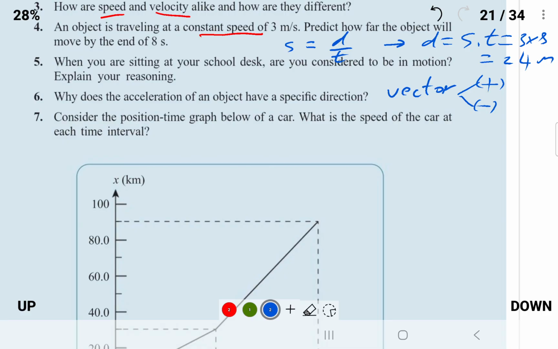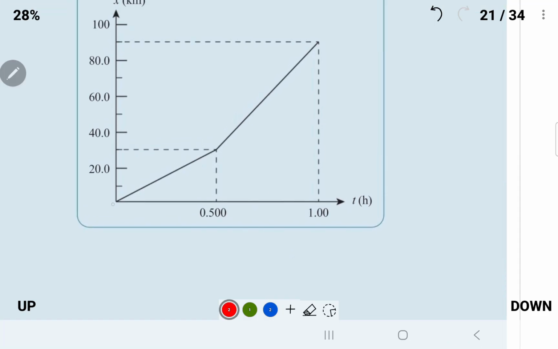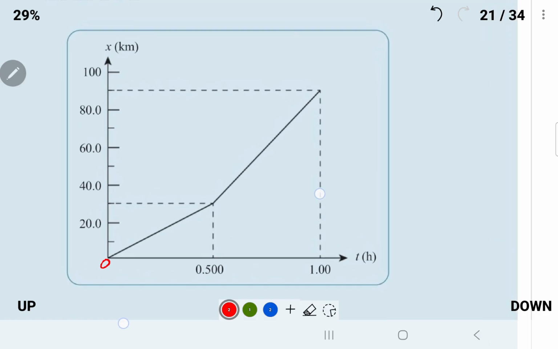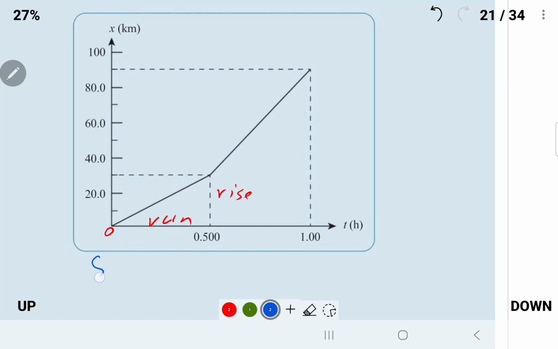Consider the position-time graph below of a car. What's the speed of the car at each time interval? So in the first time interval from 0 to 0.5, here we do the slope. Slope is equal to rise over run. So speed in this case is equal to slope.